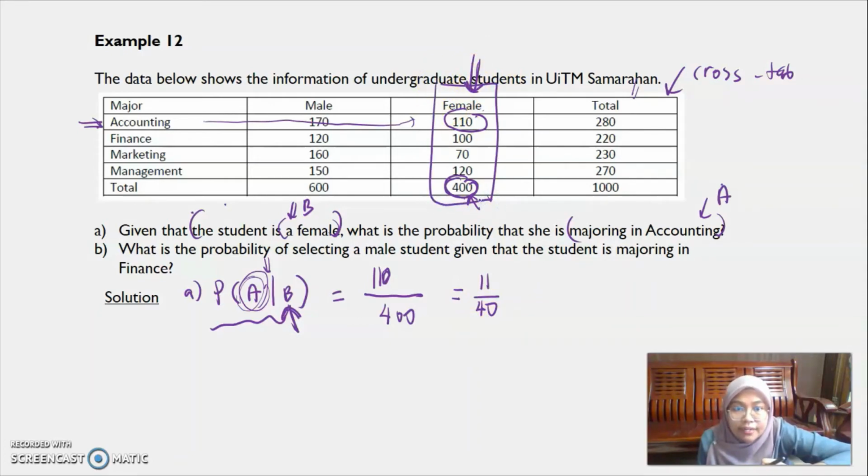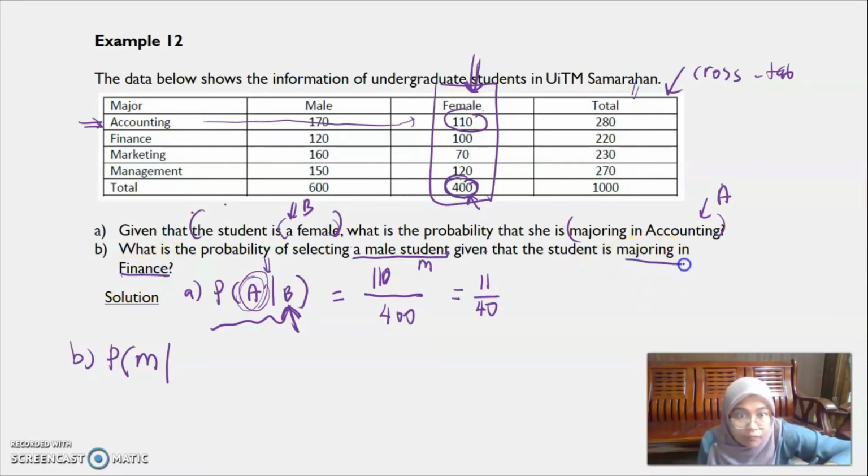Alright? Okay, easy, right? Let's try the next question. What is the probability of selecting a male student given that the student is majoring in finance?